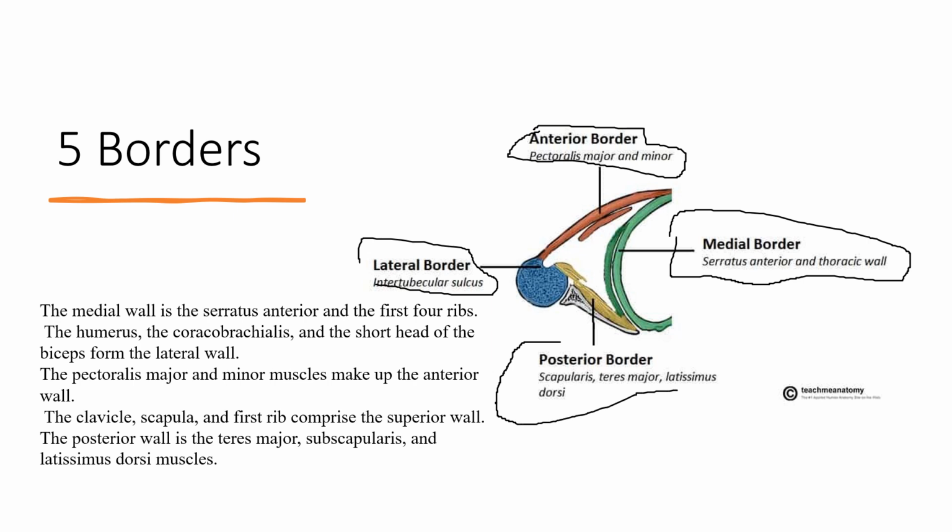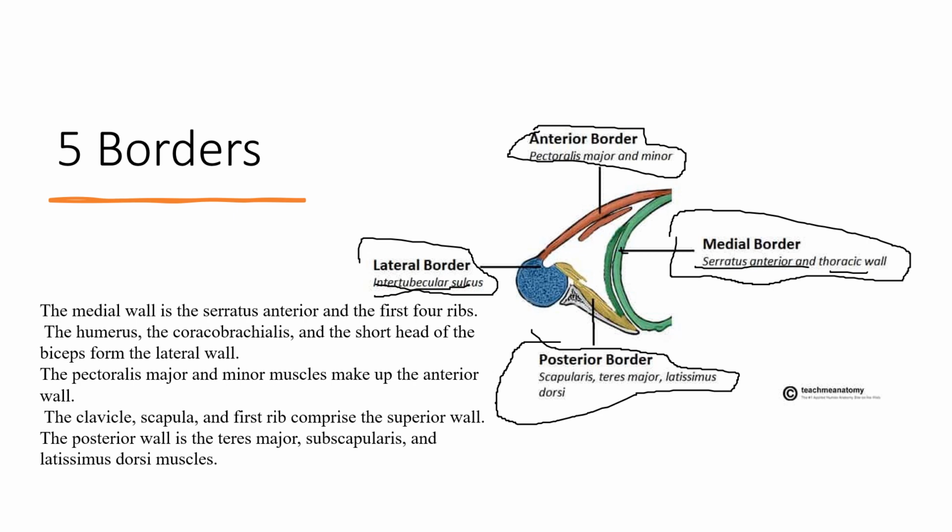Okay, fine. So I will repeat this once more. The medial wall is formed by the serratus anterior and thoracic wall. The lateral wall is formed by the shaft of the humerus, or the intertubercular sulcus.